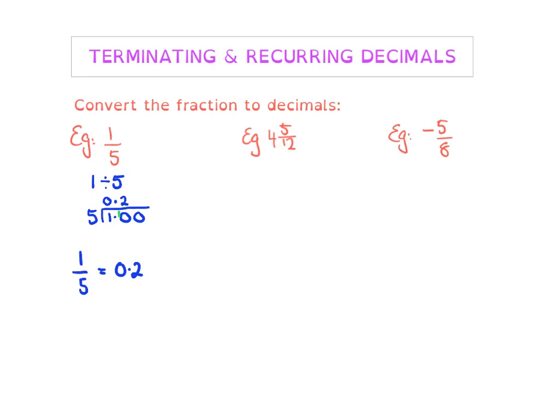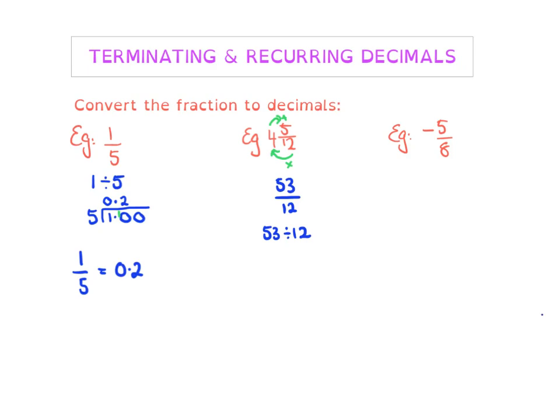Alright, so with this next one, the first step would really be to change this into an improper fraction. So we're going to say 4 times 12, which is 48, and then we'll add 5, which is 53. So it's the same as saying 53 over 12. Okay, so then instead of writing it as a fraction, it's like saying 53 divided by 12.